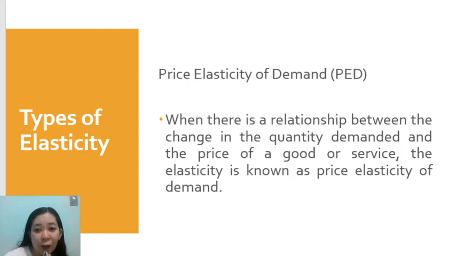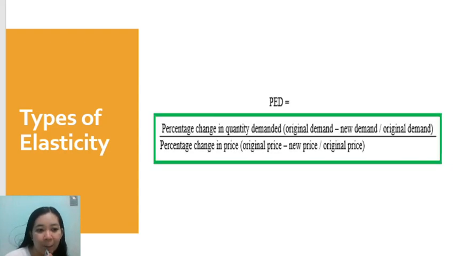When there is a relationship between the change in the quantity demanded and the price of the good or service, this is what we call price elasticity. So again, the factor that influences the change in the demand is the price, as the name suggests, price elasticity of demand.